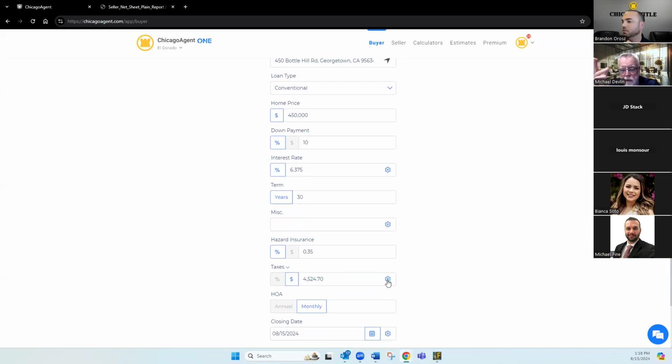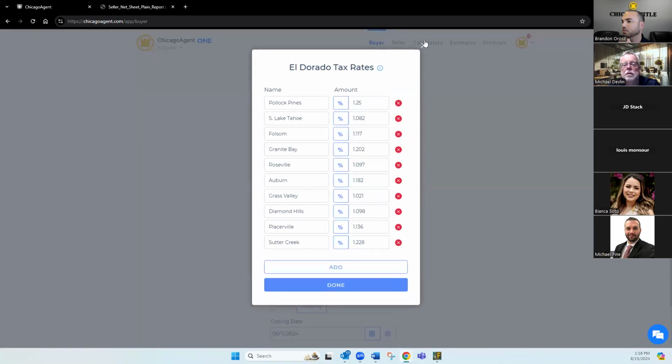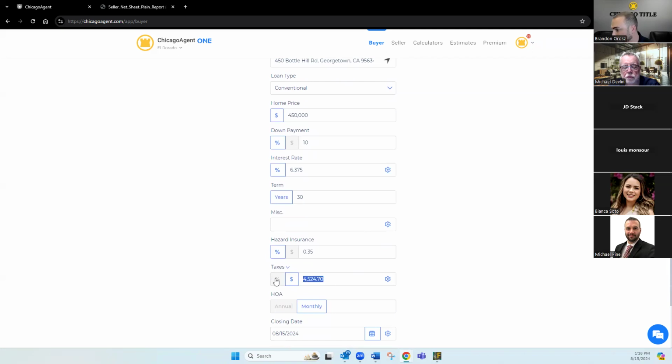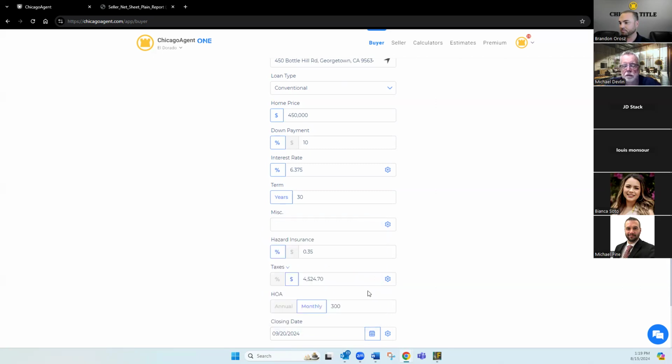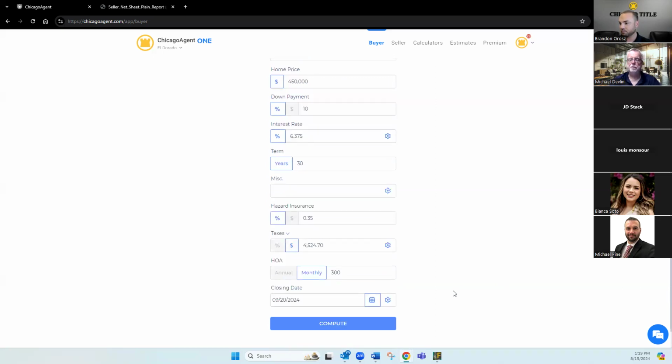Why don't we put in 300 for HOA, monthly, 300 or 250 is fine, whatever. That's something you would be able to determine through the MLS. Closing date is probably not today, but let's make it 1 month out. Generally don't pick a Friday or Monday, but it's fine for these purposes. And then let's hit compute.